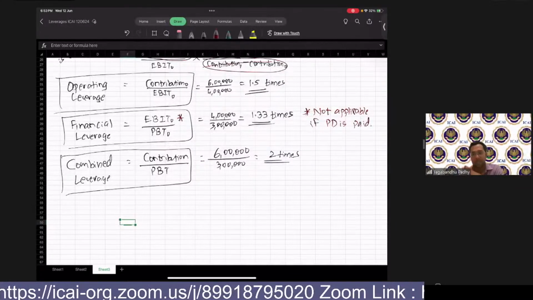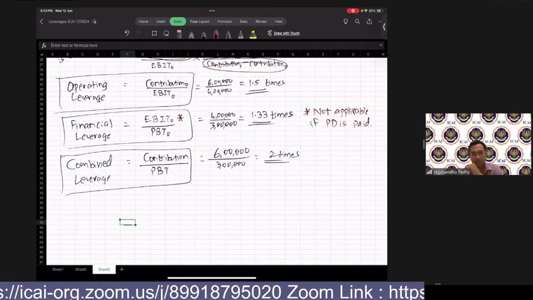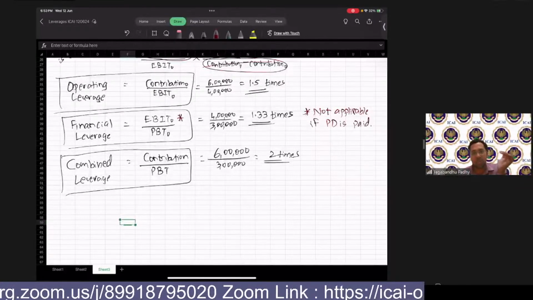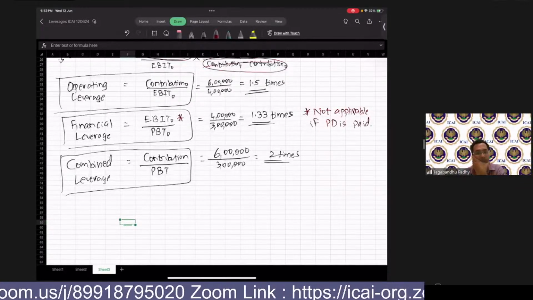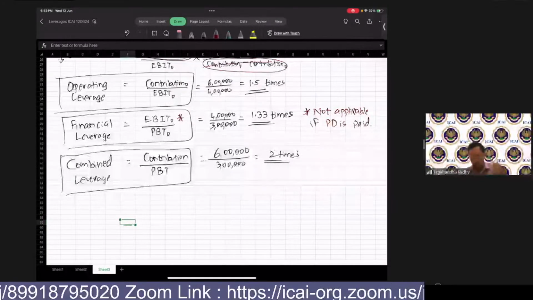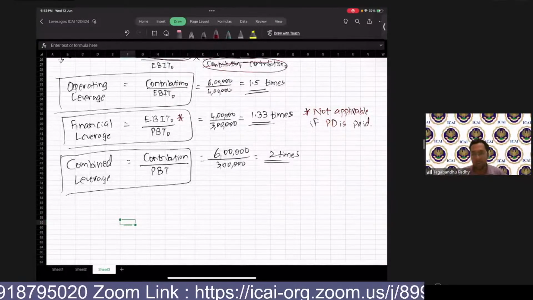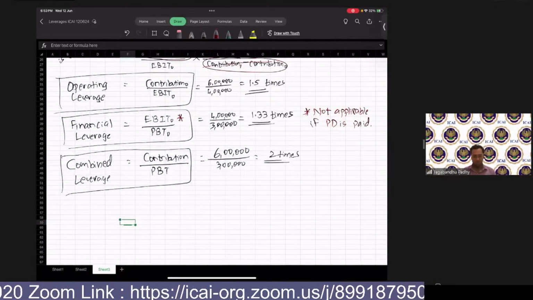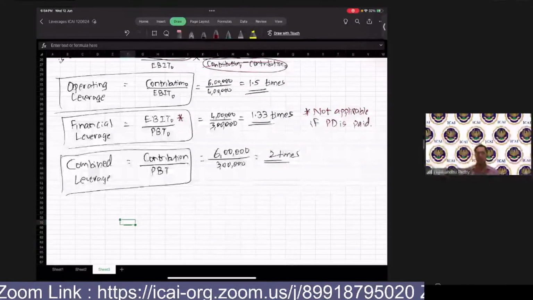If we have preference dividend to be paid, then this formula is not applicable. So do we have a shortcut formula for preference dividend also? Yes, we do. We will have a look at it right now, and also something about operating leverage and the margin of safety.